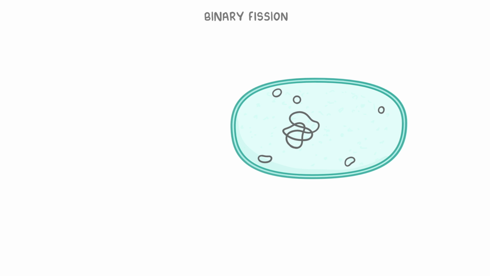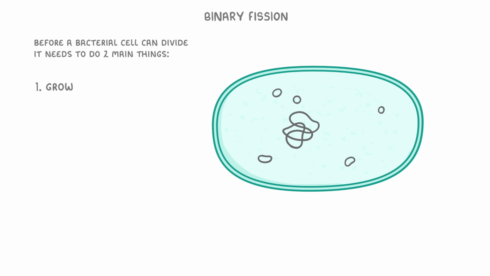Now, if we think about how binary fission actually works, before a bacterial cell can divide, it needs to do two main things. First, it has to grow a bit, so that it's big enough to give rise to two new cells. And then secondly, it has to replicate all of its genetic material, so that there's enough for each new cell.